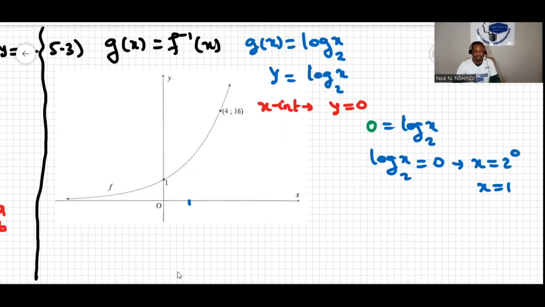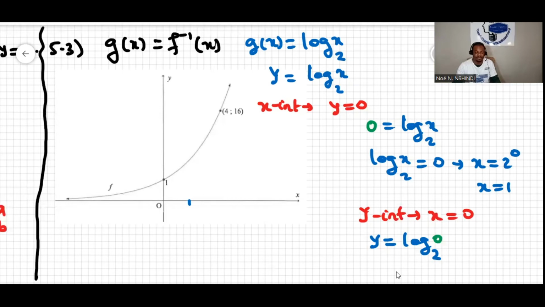And then the y-intercept, actually it doesn't have one, but I just want to show you. Y-int means x equal to 0. So we have y equal to log of 0 base 2. Log doesn't accept values that are 0 or less.